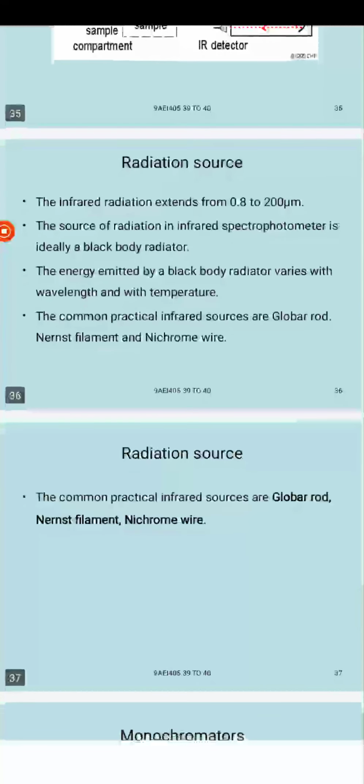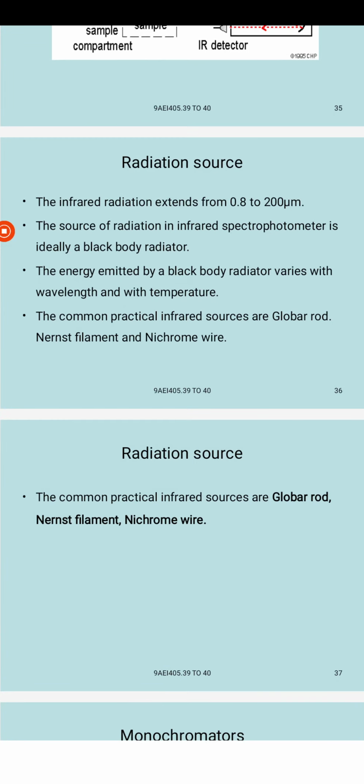I can explain the radiation source. The infrared radiation extends from 0.8 to 200 micrometers. The source of radiation in infrared spectrophotometer is ideally a blackbody radiator.